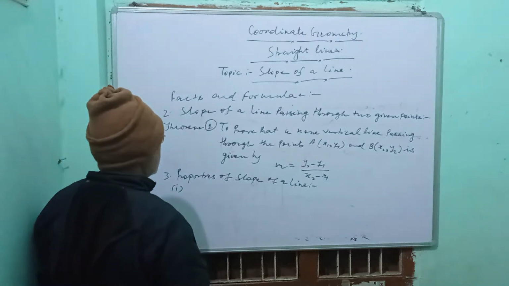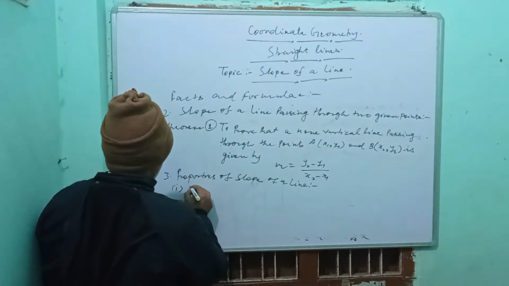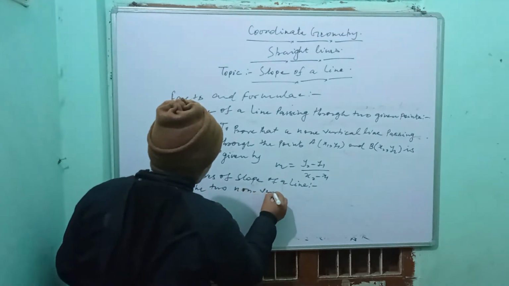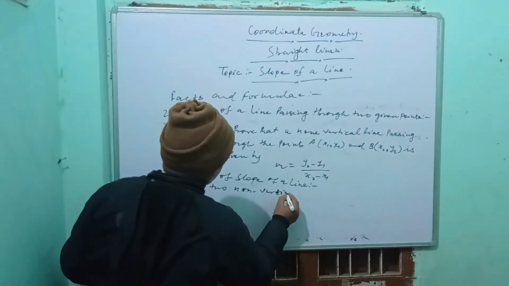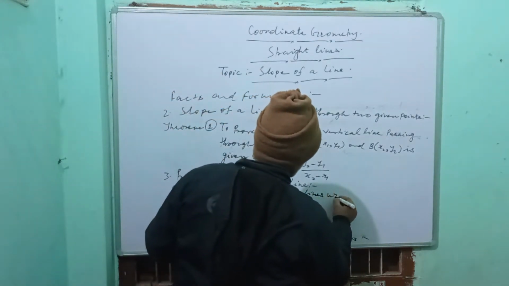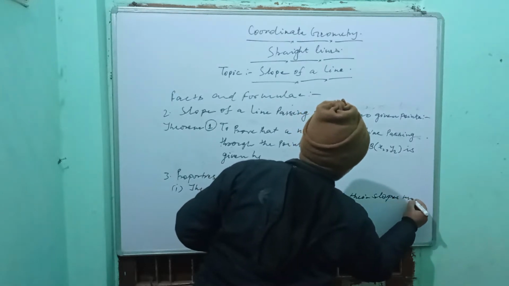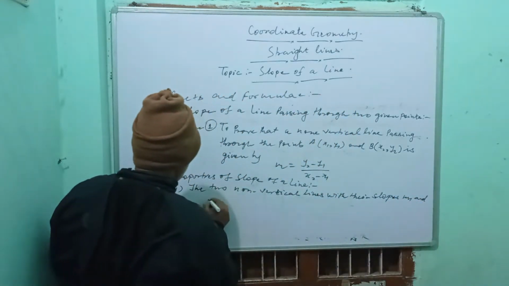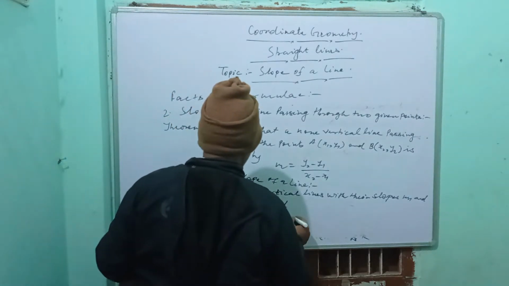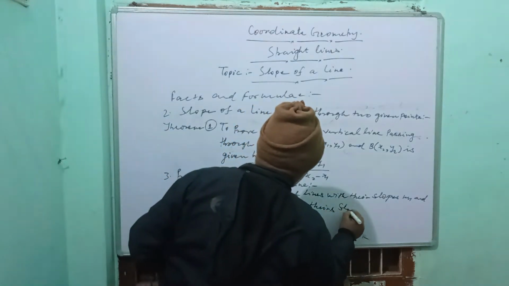The first property is the two non-vertical lines with their slopes m1 and m2 are parallel if their slopes are equal.